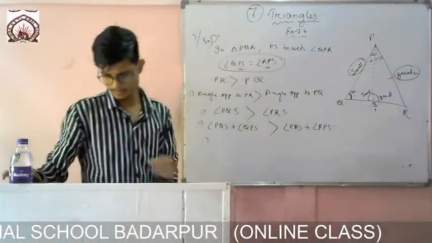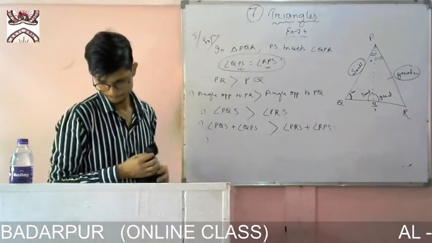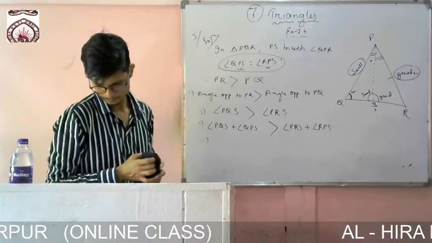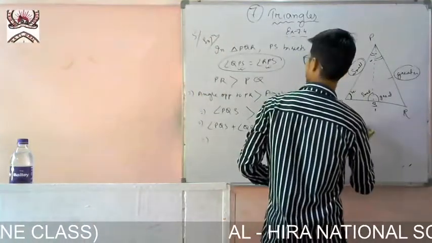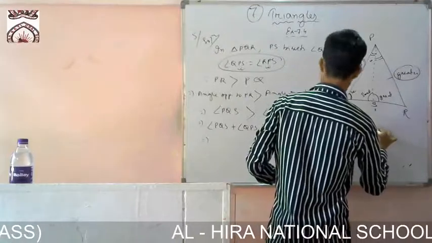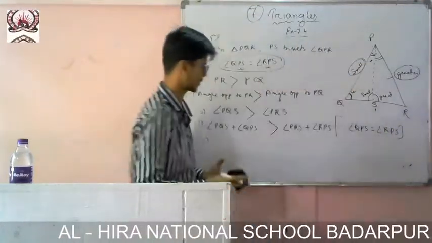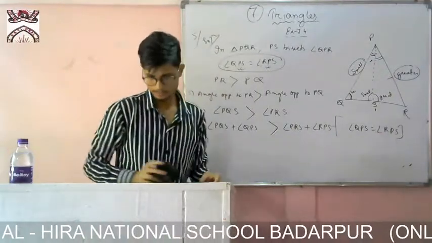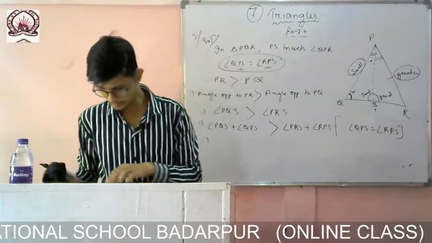So let me write, and then I will put the values. We are adding, so since angle QPS is equal to angle RPS. So the question is to prove that this angle is greater than that angle, no?